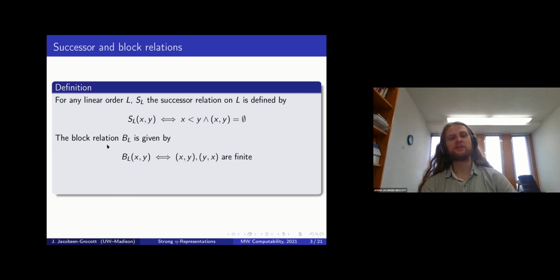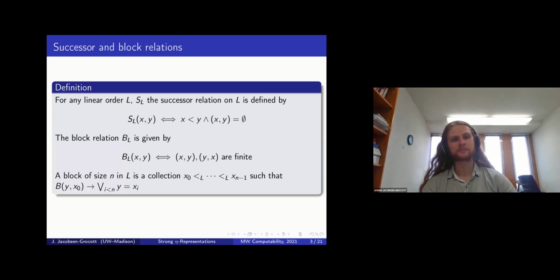The block relation is given similarly: x and y are part of the same block if the interval in either direction is finite, so there are only finitely many points between them. A block of size n is an ordered sequence of successivities x0 up to x(n-1), such that anything in the same block as x0 is equal to one of these xi's.